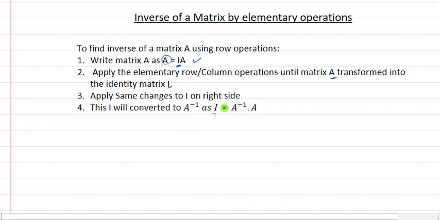Why is this so? Because as A changes to I, this I is possible when we multiply the inverse of A with matrix A. So A inverse into A will become equal to I, and hence the converted I will be called A inverse.